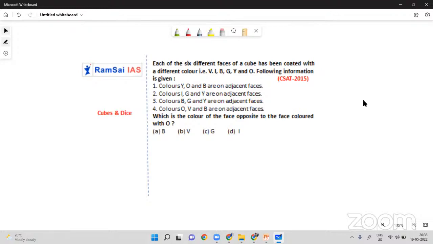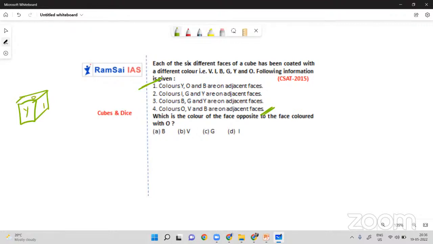I'll just read the four statements given. Colors Y, O, B are adjacent faces. Okay, I'll draw a diagram. I know you don't feel it as a cube, but you have to.